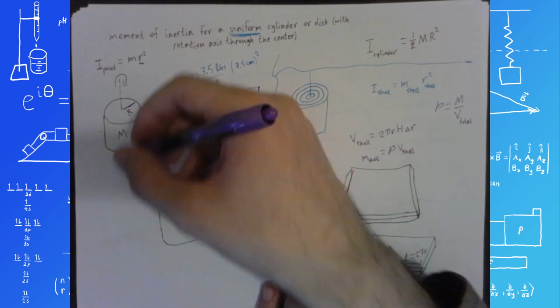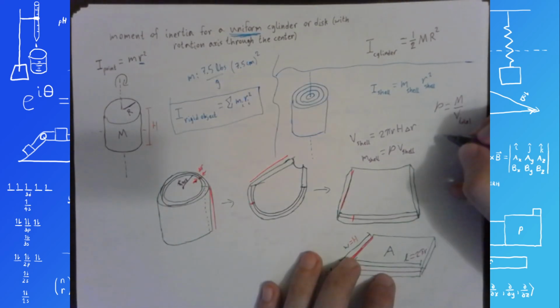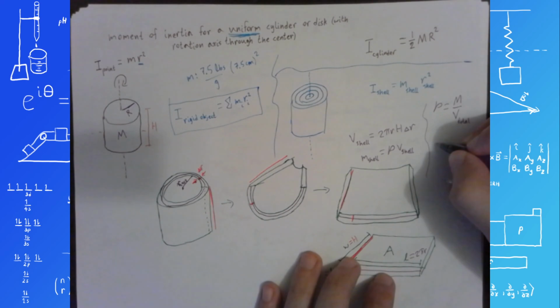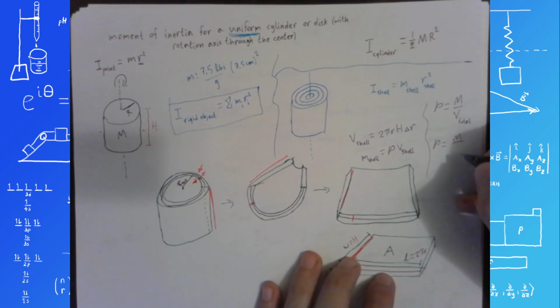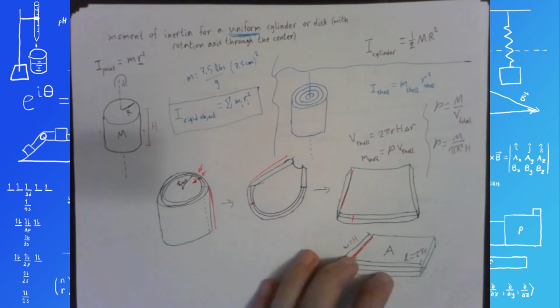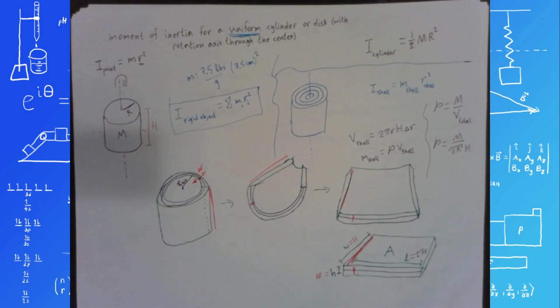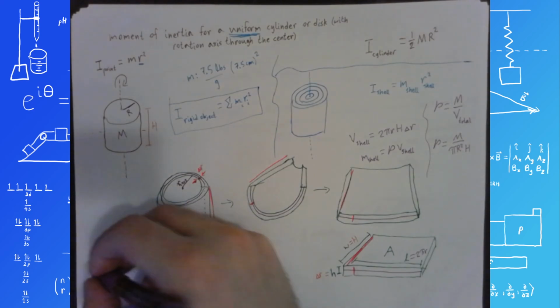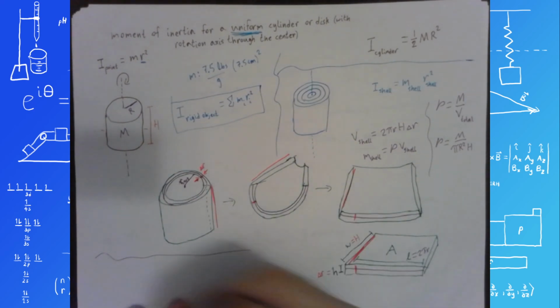Total volume, we can write it as, density equals M over total volume, which for a cylinder would be pi R squared H. And so now we can get the mass of a shell. I'll do it down here since I'm running out of space.